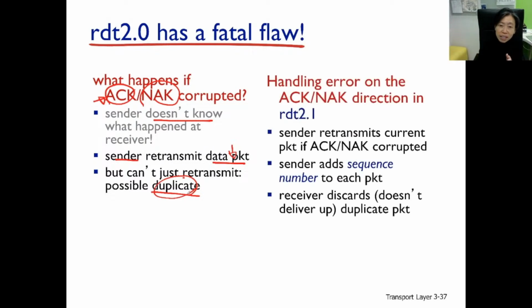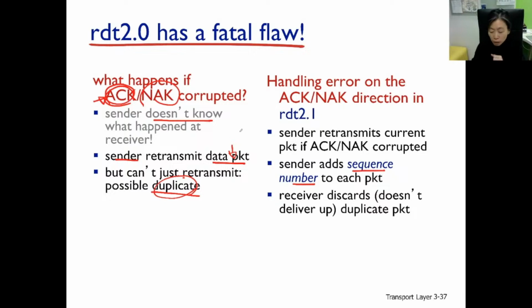So in RDT 2.1, to seriously address the issue, we need to add a sequence number to the packet sent, so that the receiver can check whether the packet that has already been received earlier matches the sequence number of the packet it is receiving now. If they match, then that is very likely a duplicate from the sender, and the corrupted feedback is an ACK.